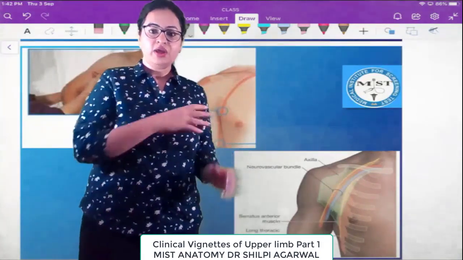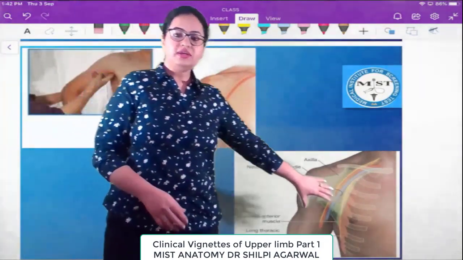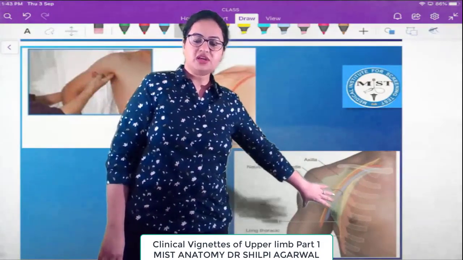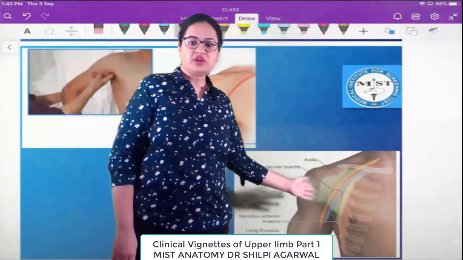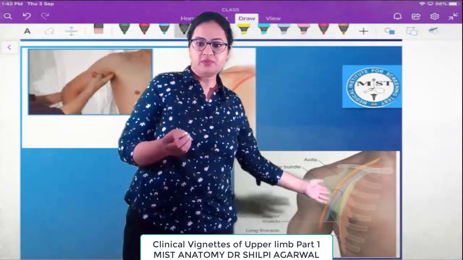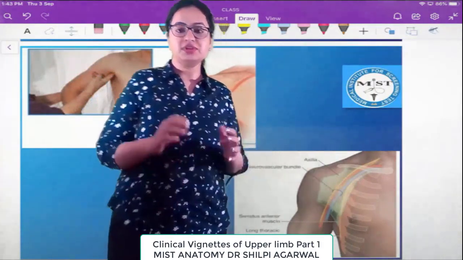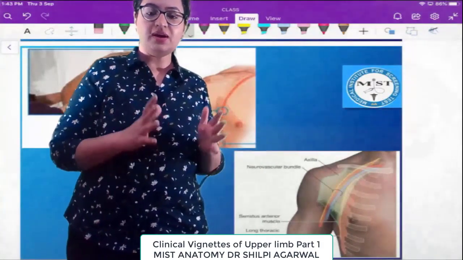So this is our axilla, this green colored structure. The nerve shown is a portion of the brachial plexus, and the artery shown is the axillary artery.